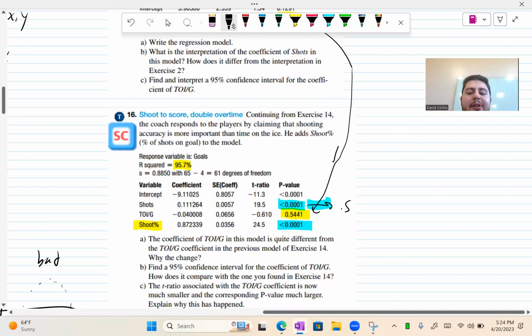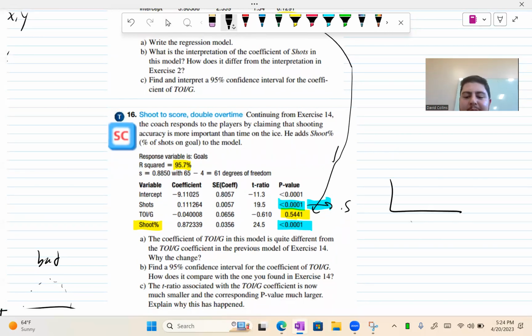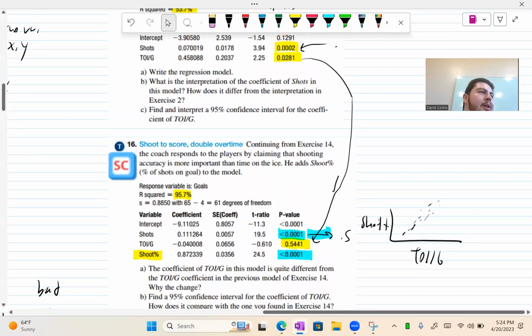Well, the true test is if we had graphs. If we had a graph of ice time and shot percentage, and we saw a picture that looked like this, that's really how you know. But we don't have those pictures. We just have this table readout. So we have to use only the p-values and the change, and the fact that the coefficient went from a positive to a negative.